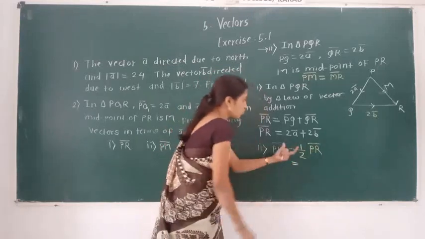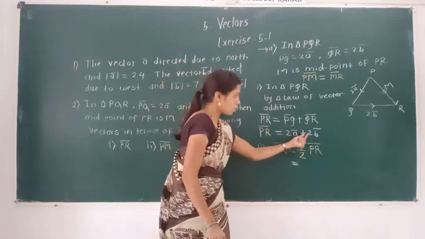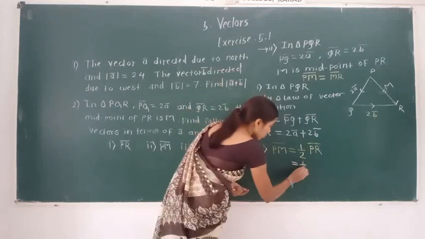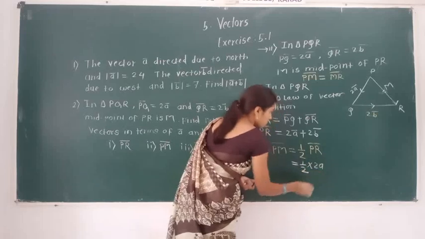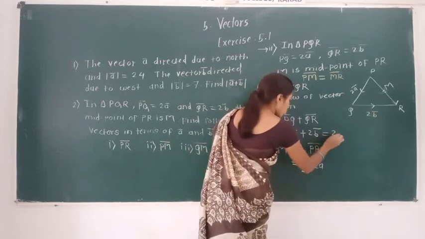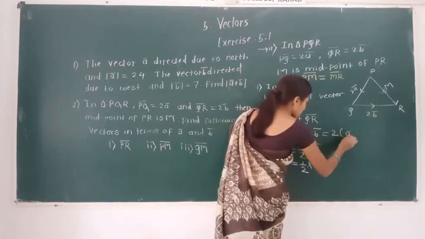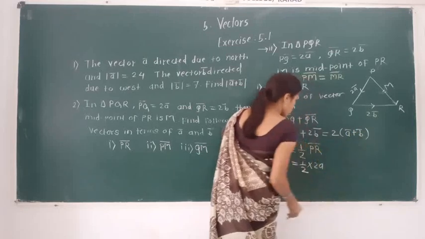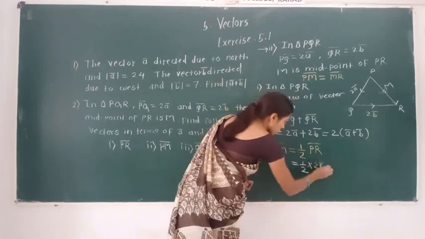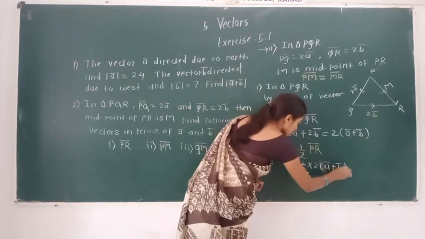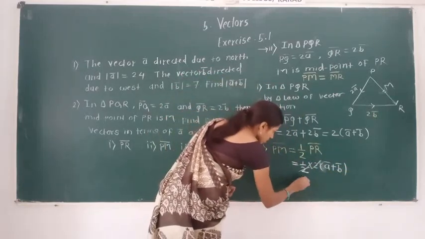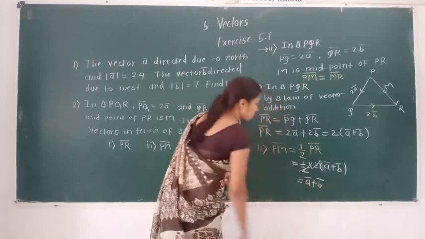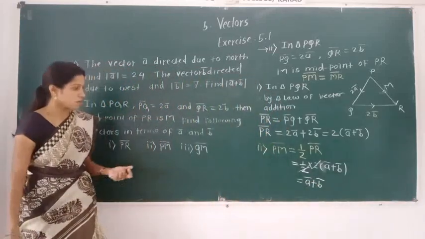But PR bar we found as 2a bar plus 2b bar. Put this value in this condition, half into 2 times a bar plus b bar, taking 2 common. The 2 gets cancelled, and we get the value of PM bar as a bar plus b bar.